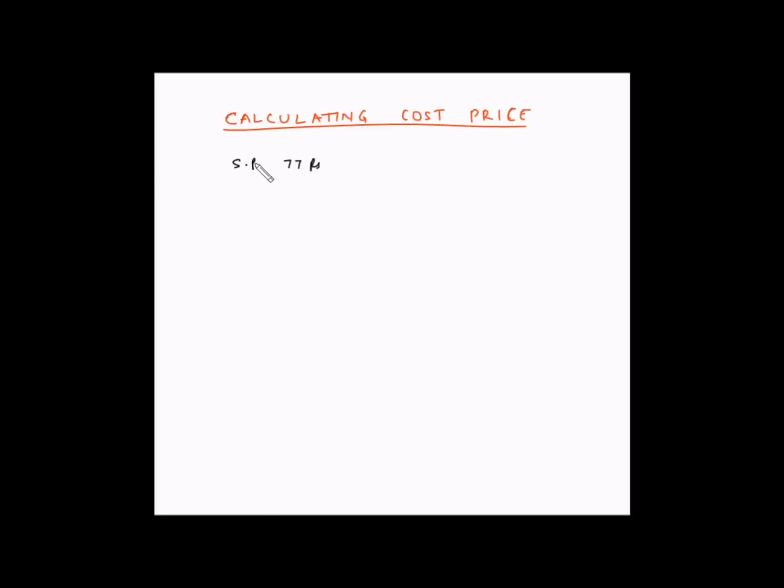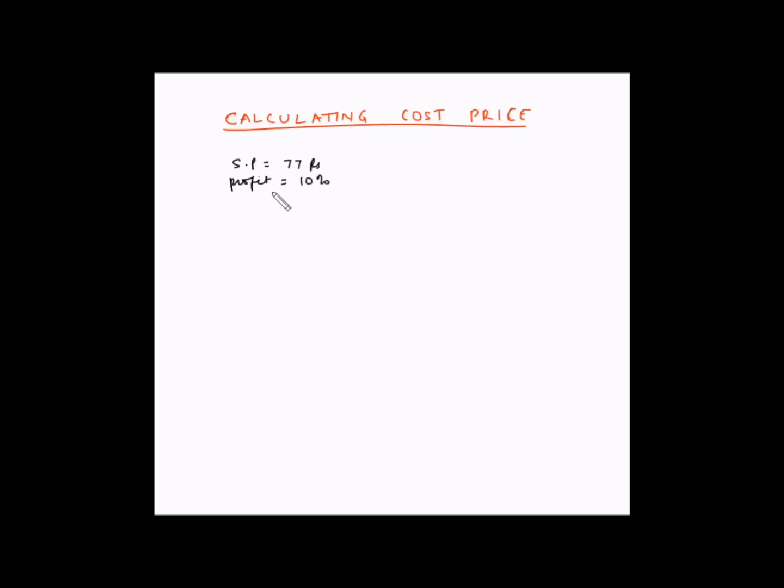So the selling price is equal to 77 rupees, and he made a profit of 10%. Of course the profit of 10% is on his investment, which is nothing but the cost price. So now you are trying to find out what was the cost price at which he bought those shares.